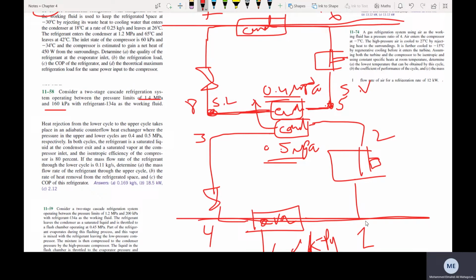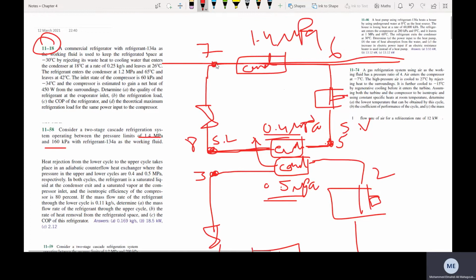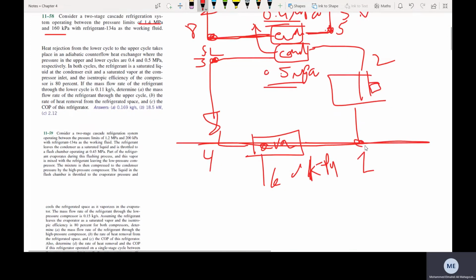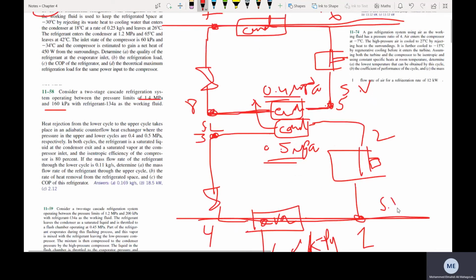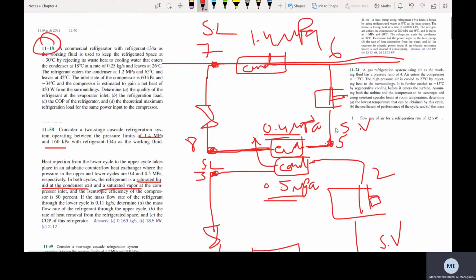Okay, I did something wrong. It is from here, and here. He tells me that those two points are saturated: the outlet of the condenser is always a saturated liquid, and the inlet of the compressor is always a saturated vapor.